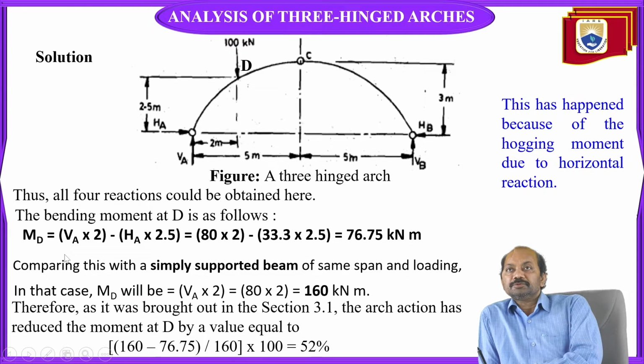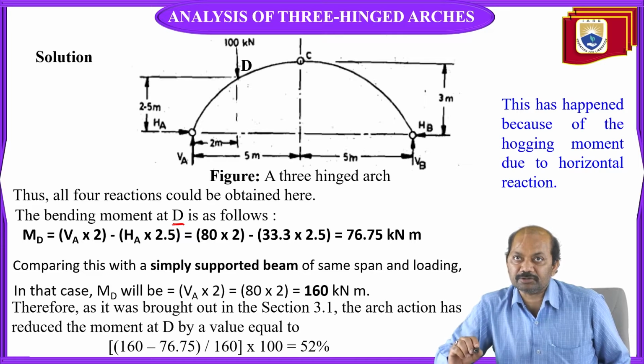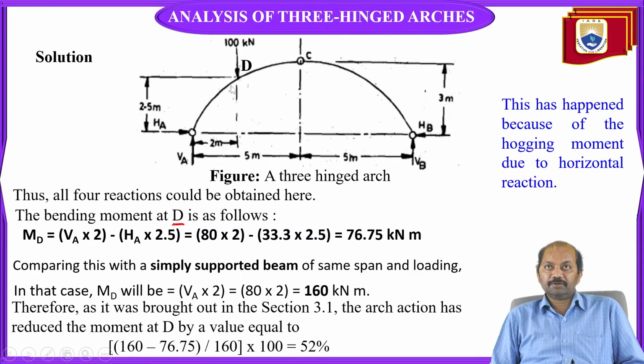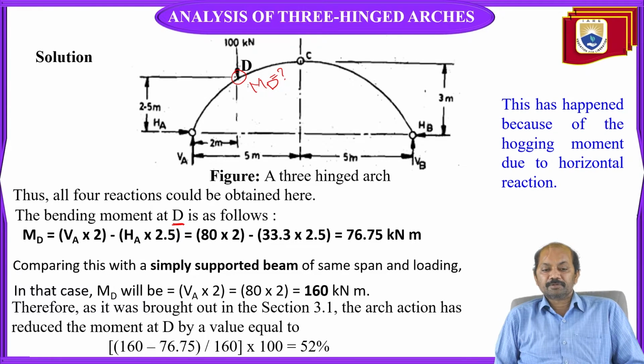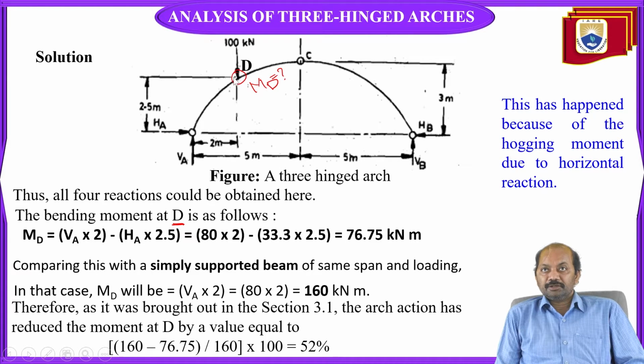Okay, now let us find out the bending moment at D. For calculation of the bending moment at D, MD is equal to VA force into perpendicular distance 2 meter, VA into 2, minus HA into perpendicular distance, that is given as 2.5 meter, HA into 2.5.